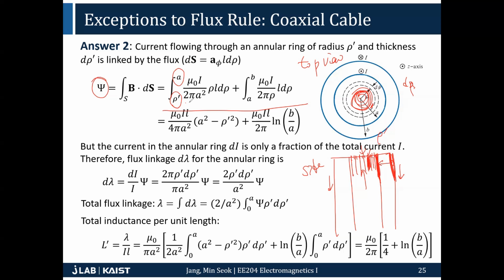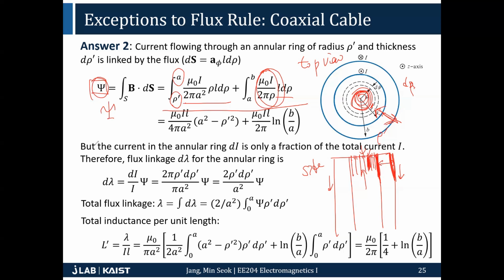And then from a to b, the magnetic field is fixed; it does not depend on this rho prime anymore. And then you can calculate this. So the magnetic flux passing through this area can be calculated by psi.